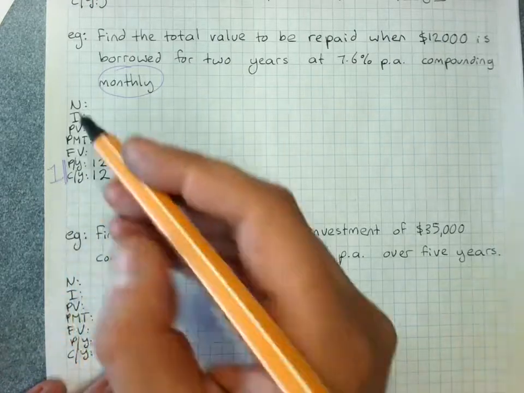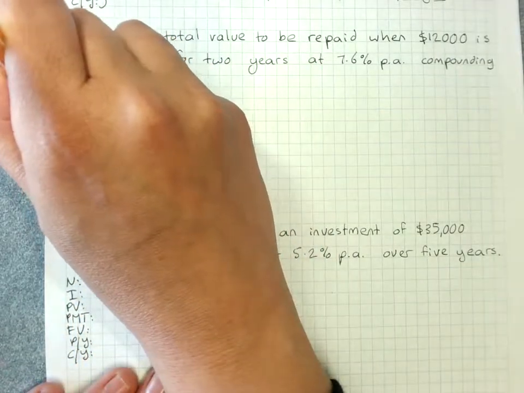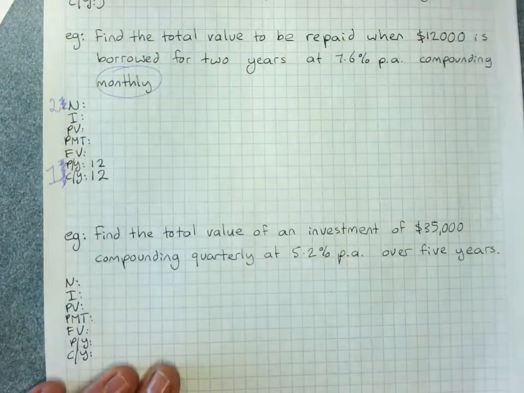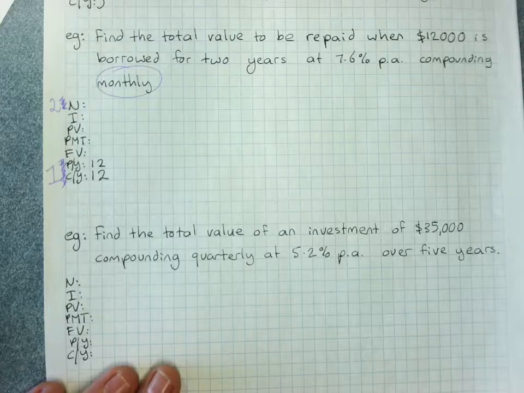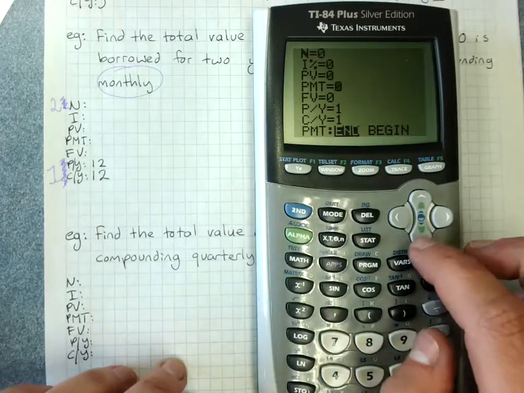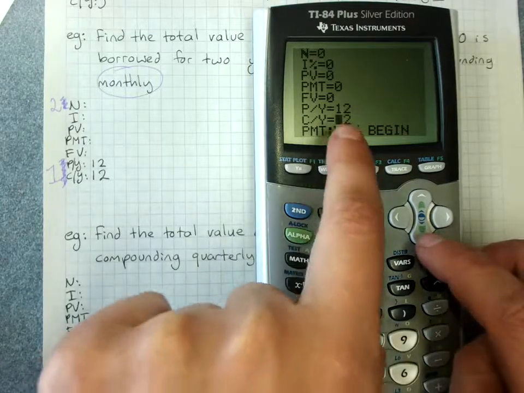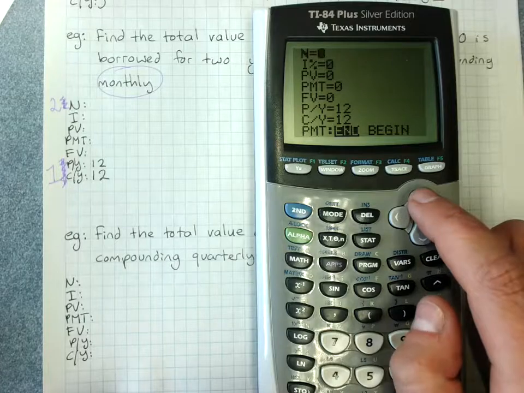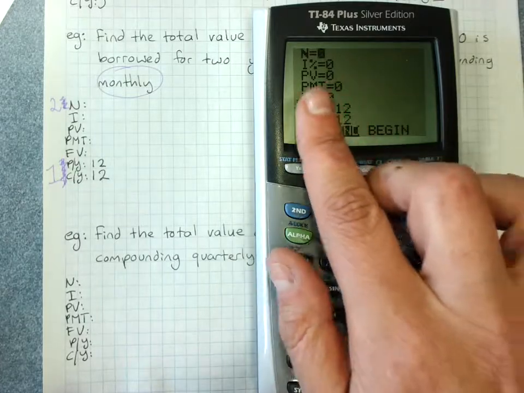So the second thing that you can put in is N. I'm just putting a little squiggle next to those there. And N, we'll get back into the TVM solver. I'll go down and put in PY and CY, and you'll see that it usually automatically fills in both to be the same. The financial solver will do maths for you.